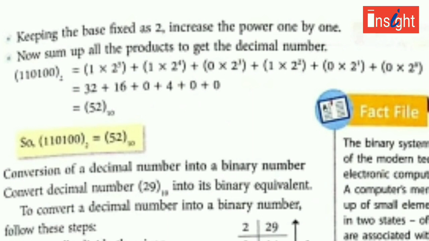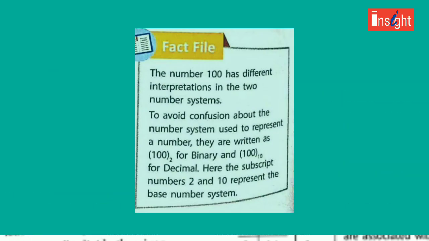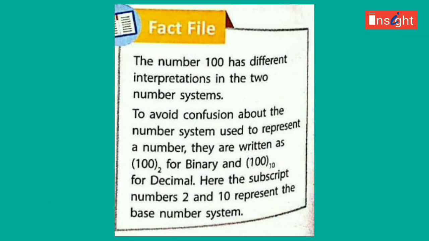Let us take an example. Let us take a number 100 with base 2. You write this 100 with base 10. Now this 100 with base 2 and 100 with base 10 have different meaning and different value. So always write the base with the number.